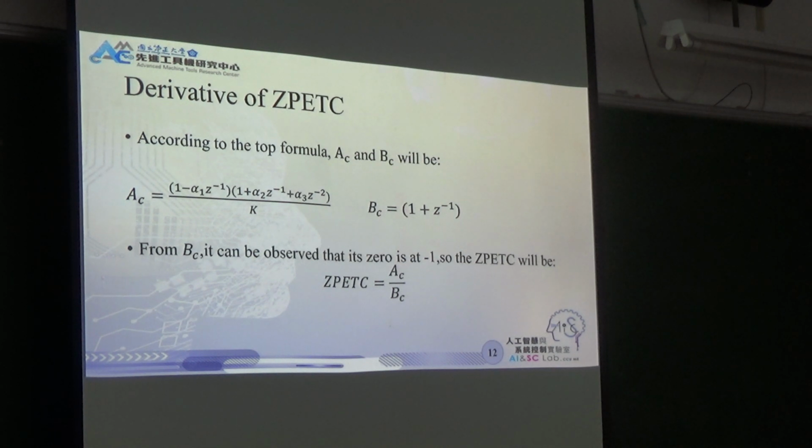Minus 1 is stable or not? I think it is stable. Minus 1 is stable. No. It's a discrete time domain. The stable should be less than 1, in magnitude.